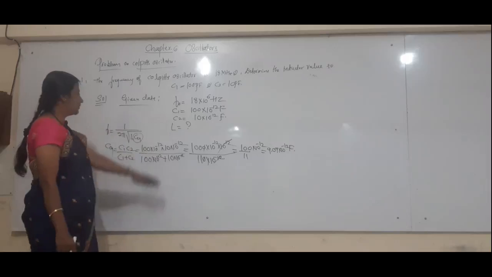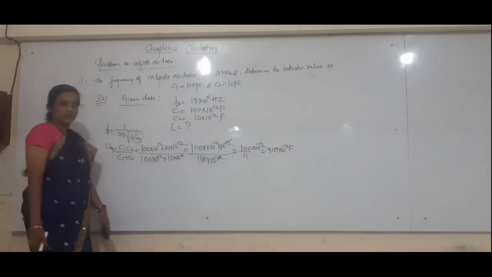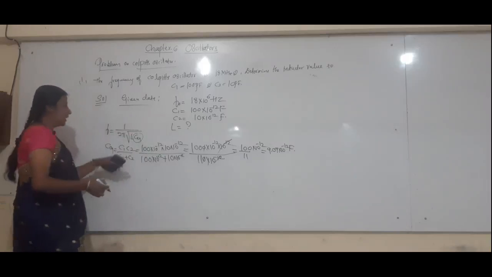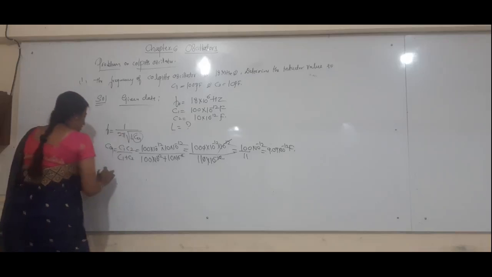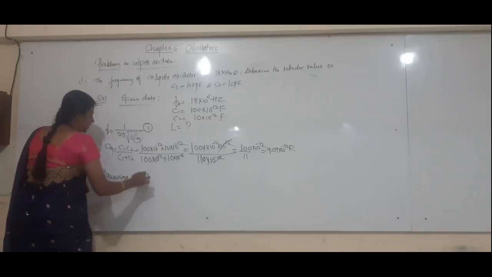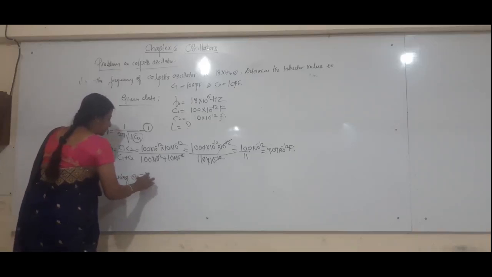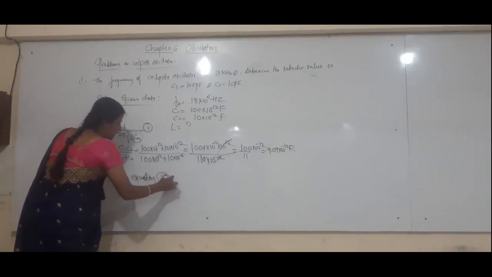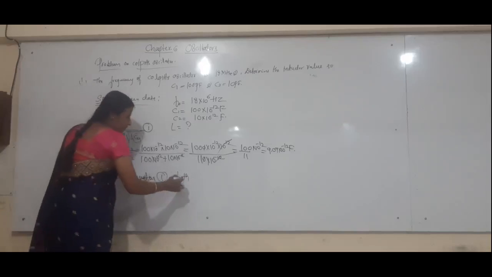Now we have to determine the L. So before determining L, first arrange this equation properly so that L should come on the left hand side. So in order to make that arrangement, first squaring equation 1 on both sides, because we have to remove the square root.